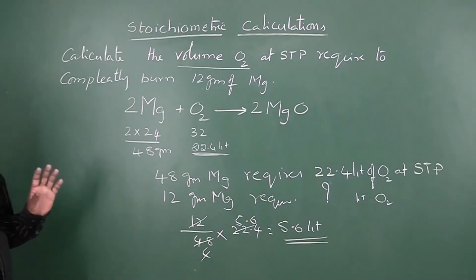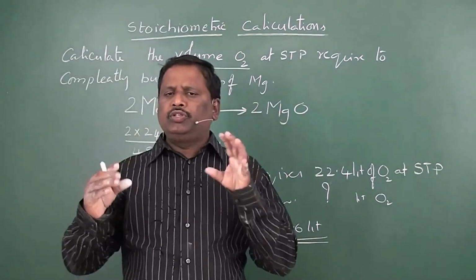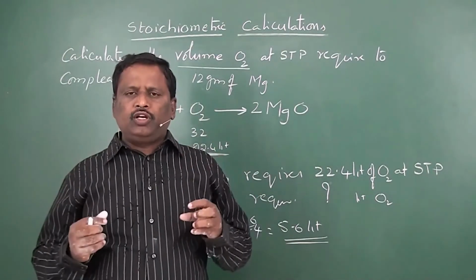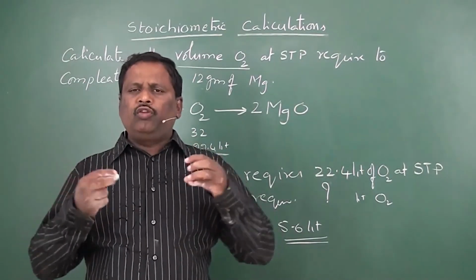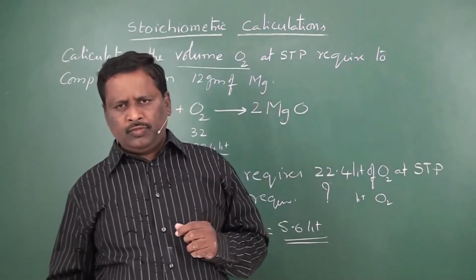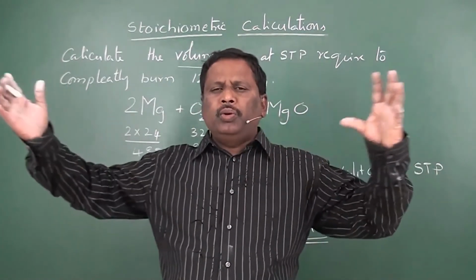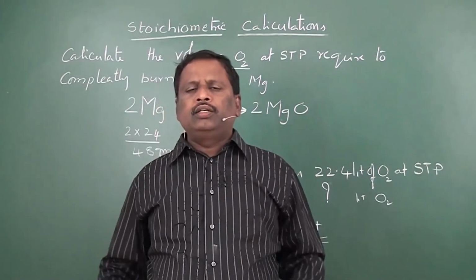Just simple. In any of the stoichiometric problems, first you should observe what is the equation or the reaction involved to solve the given problem. Generally, they won't give a new and unknown equation.